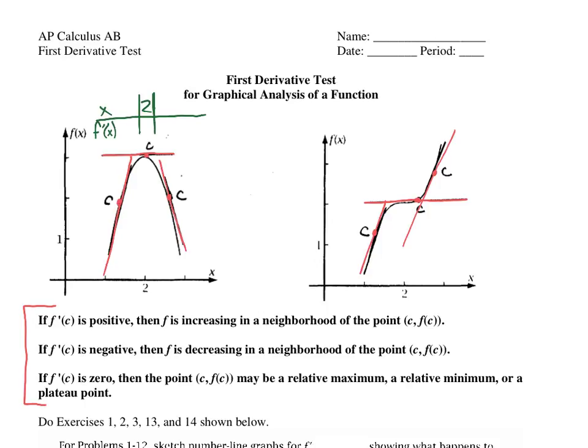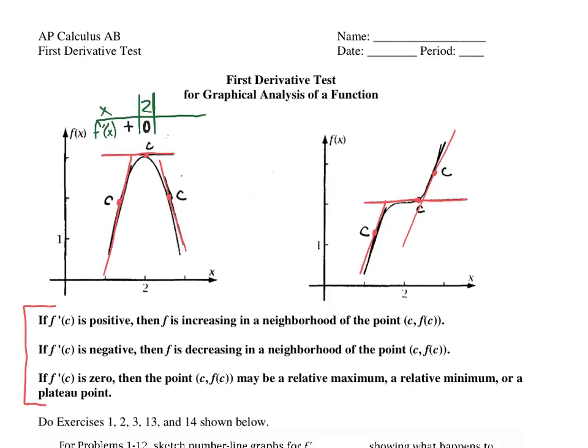Now, at 2, the derivative is 0. We have a horizontal tangent line. What is the slope of the line to the left of 2? Positive. And to the right of 2, the slope of the tangent line is?